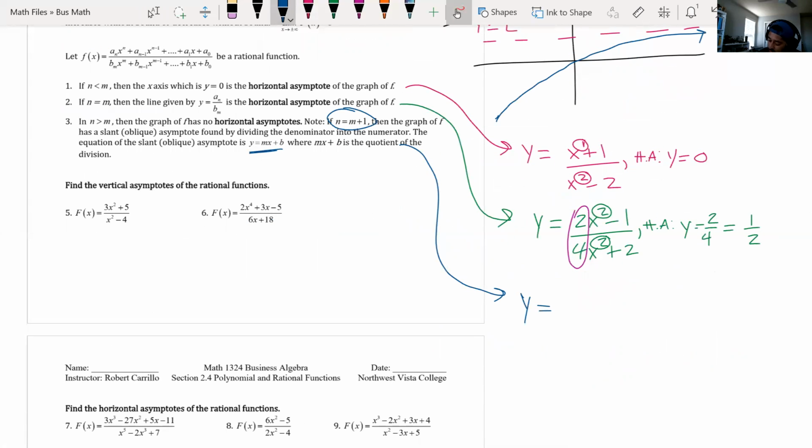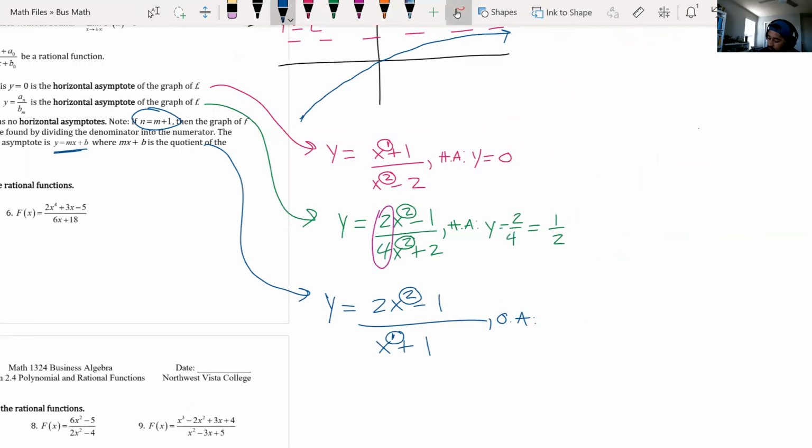Let's say I had y equals 2x squared minus 1 over x plus 1. Here, my degree in the numerator is 2. In the denominator, my degree is 1. So this means that the degree of the numerator is bigger than the denominator by 1, which means we no longer have a horizontal asymptote. We have an oblique asymptote, and the only way to find it would be to use long division.